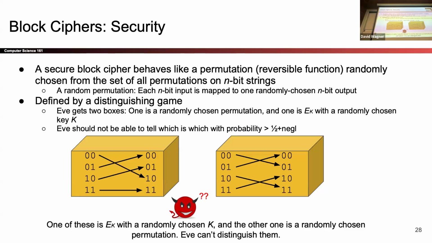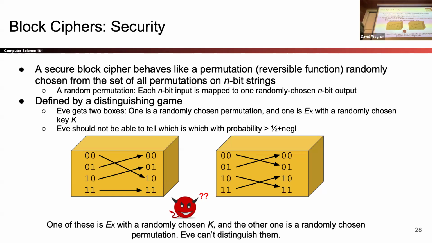You can't do better than 50%. There are no patterns that are preserved. See, the good thing about random permutations is they conceal all patterns about the input. They're not revealing anything. There's no pattern retained, like the XOR of the input bits matching the XOR of the output bits or anything like that.